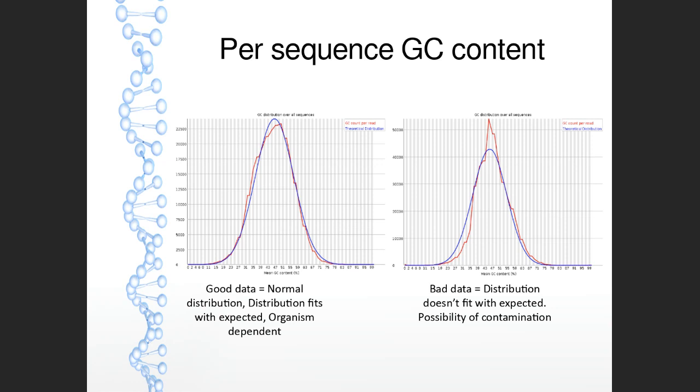If we saw two peaks, this might represent the fact that we have contamination with another organism. We might have another organism's sequence within our data. And this is entirely possible. We've seen data like this at Edinburgh Genomics, where contamination with a bacteria has caused a second peak, where the two organisms, your focal organism and the contaminant organism, have slightly different GC contents overall, and therefore you see a bimodal pattern. So we want to keep an eye out for that.